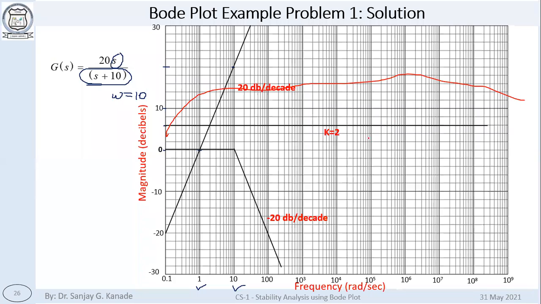As I said earlier, we have to now add the contributions of each of the 3. We have to add the gains contributed by these 3 components. What I mean is, take any value of omega, let's say here at omega equal to 1.